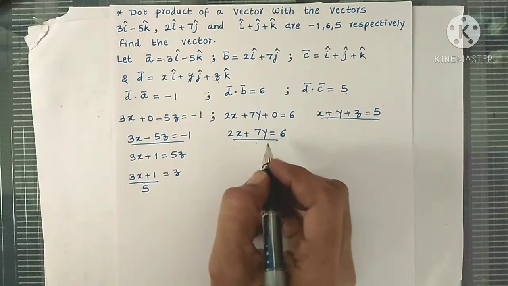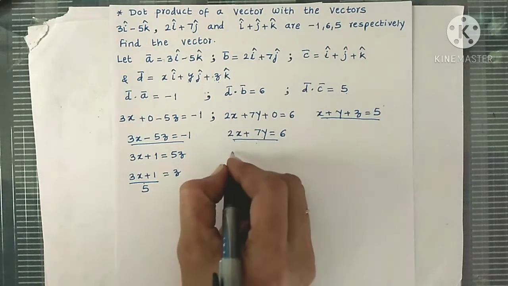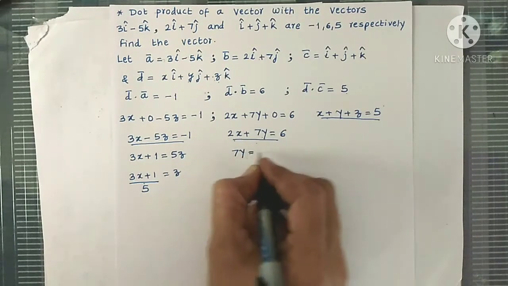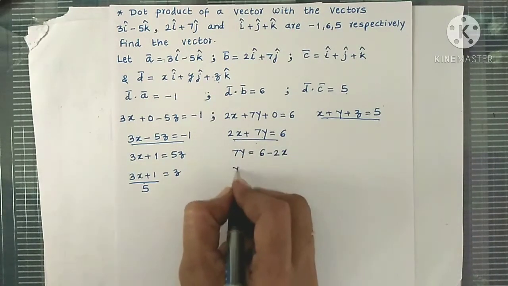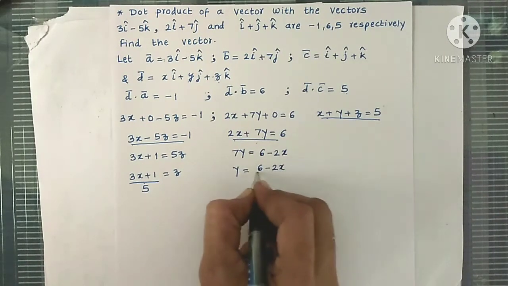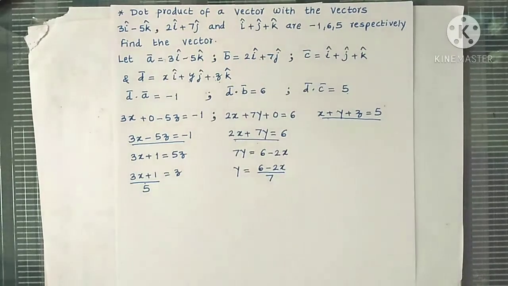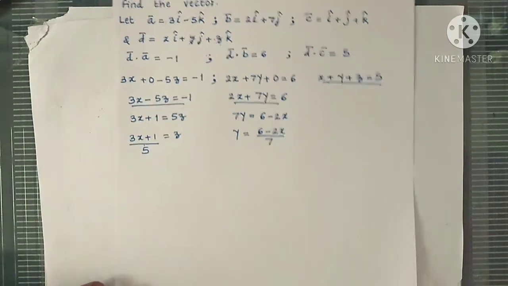To write y in terms of x, we can write 7y as 6 minus 2x, and y is 6 minus 2x divided by 7. So now we have z and y in terms of x. Let's substitute these values here.